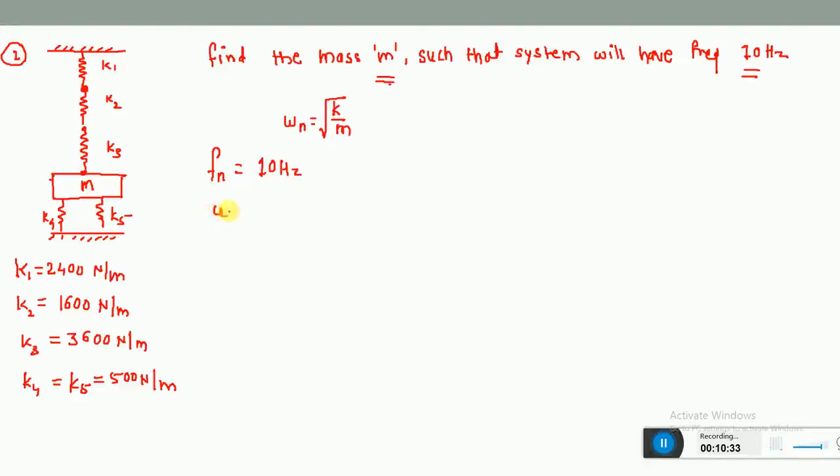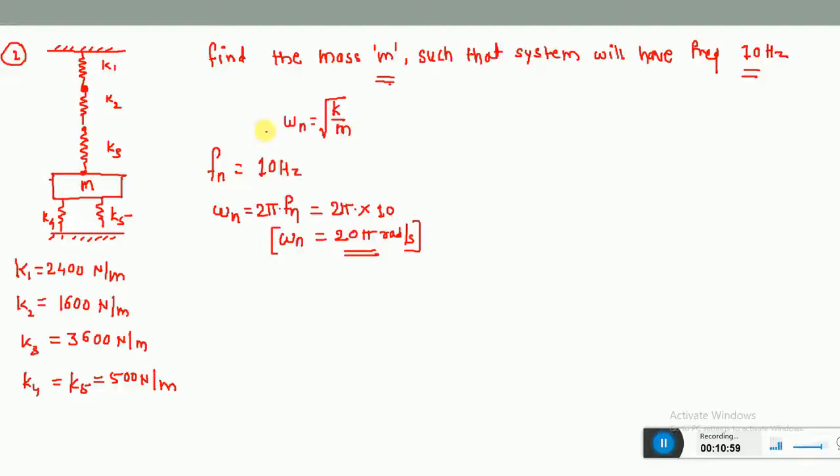So omega n, we can write, is 2 pi into frequency in Hertz, that is Fn. So it is 2 pi into 10 Hz, so that is equal to 20 pi radian per second. So this is the frequency in radian per second.